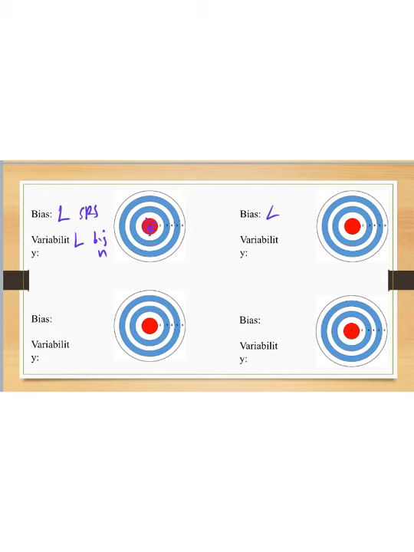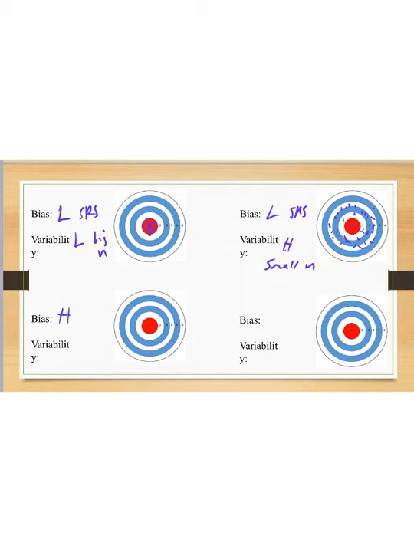Now, if we had low bias but high variability, that means we'd be centered around the bullseye, but the darts would be spread out. And this again would mean that we had an SRS, but we had a small sample size. So that's the idea of being centered at 70%, but having that standard error be 5% instead of 1% in that case.